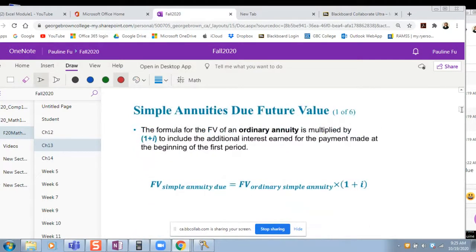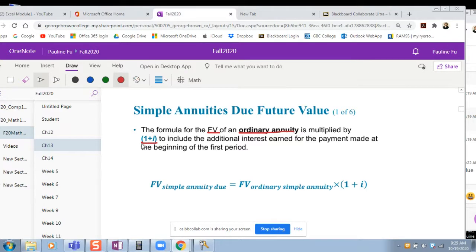Now, we analyze the formula for future value of ordinary annuity. If you use the formula for ordinary annuity, multiply by 1 plus I. Why is this? Remember, in ordinary annuity, you make a payment at the end of each month. Now, if you make payment at the beginning of each month, you want to calculate future value.